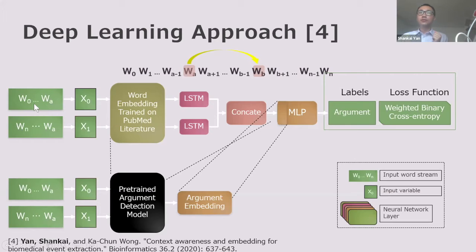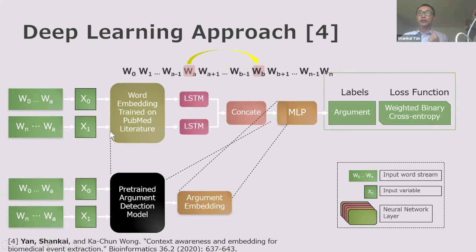We have two streams of inputs. One is from the starting word to word A, here as X0, and the second stream of input is from word N to word A in reverse order, as X1. Then we input them into the model.